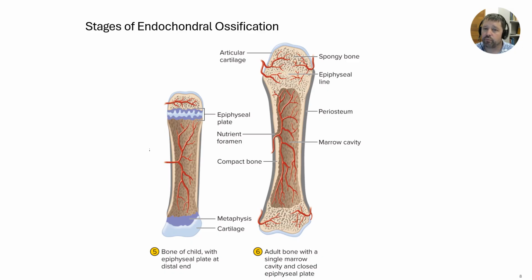When we transition into an adult, basically after the age of 16 for most females, and after the age of really around 20 for most males, this epiphyseal line forms, and that epiphyseal plate is gone. No more cartilage is being laid down.